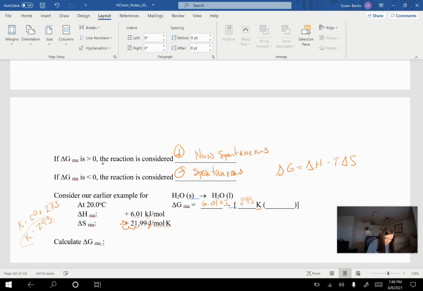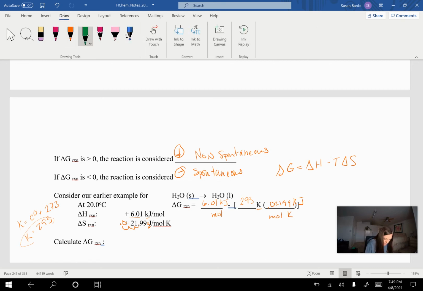So my entropy is 0.02199 kilojoules per mole per degree Kelvin. If we really want to pay attention to our units here, notice my Kelvin cancels out. So I would have delta G is equal to 6.01 kilojoules, and then if I multiply this out, 293, let's see.